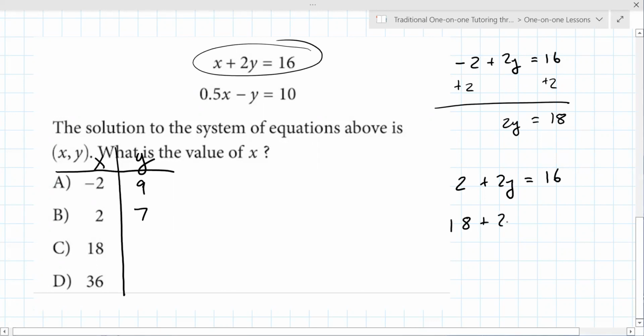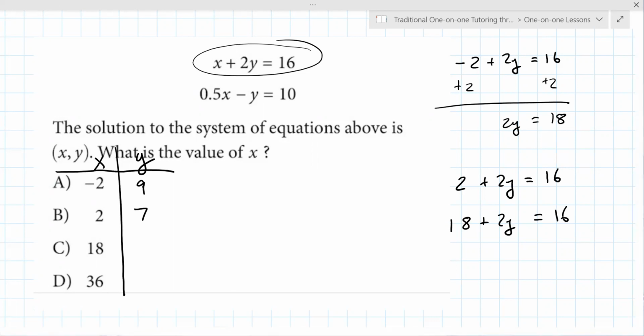Okay, now we're going to do it for 18. 18 plus 2y equals 16. Can you find the value of y, please?